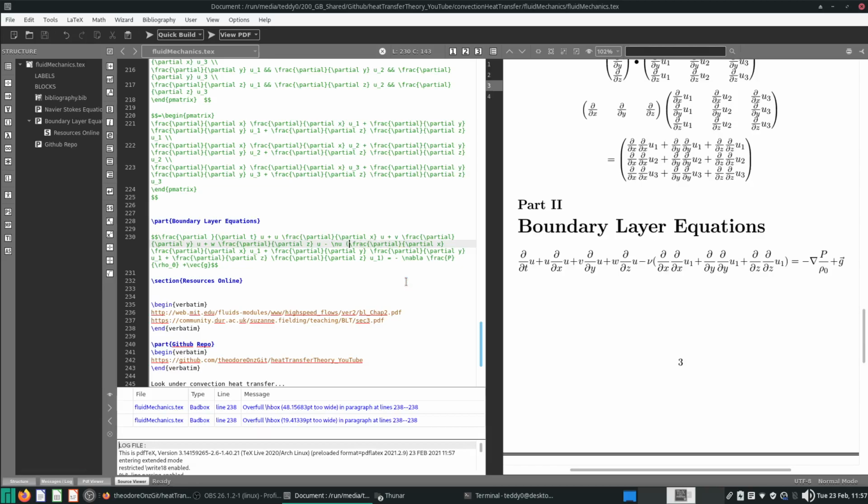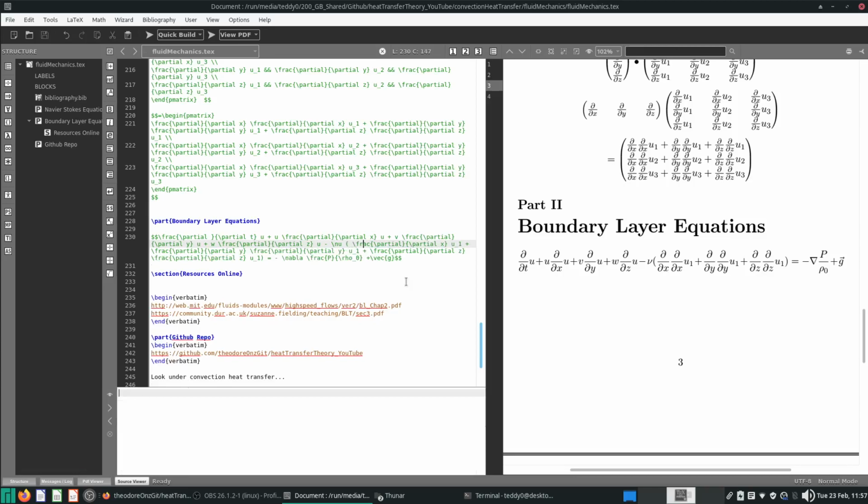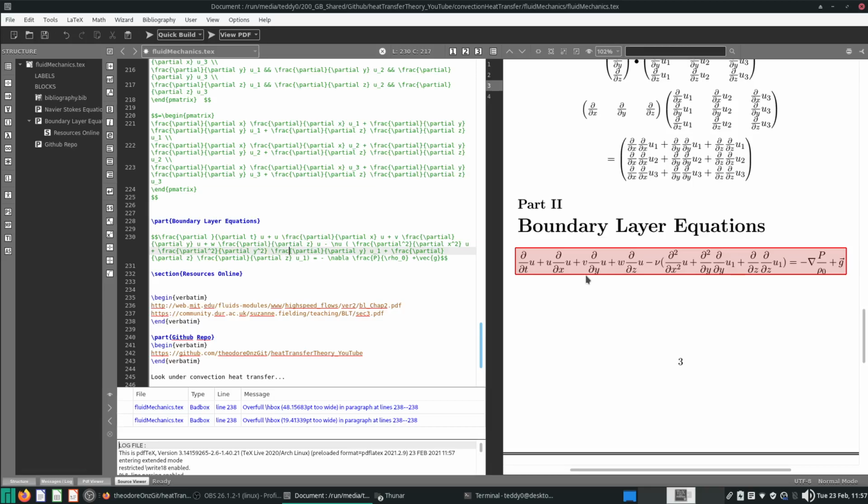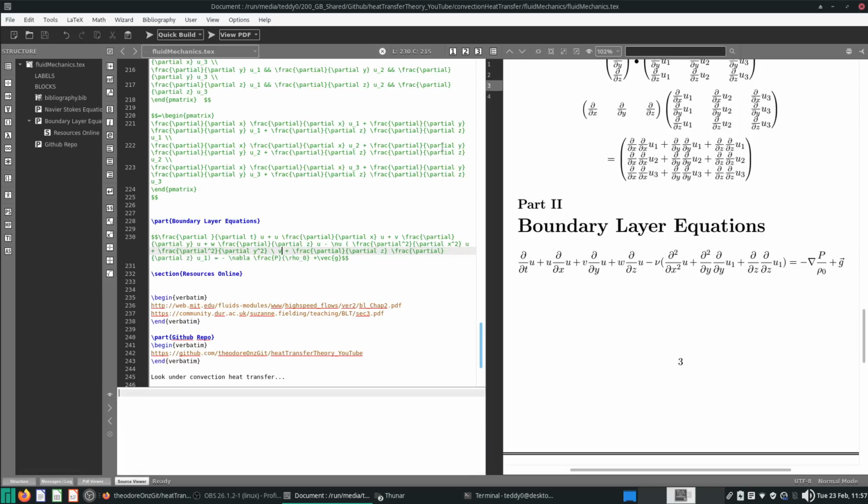So I'm just replacing some of these terms here. As you can see, I'm actually just replacing the indices. And then I'm also getting rid of these fractions and everything.